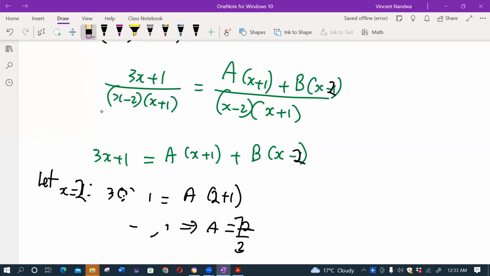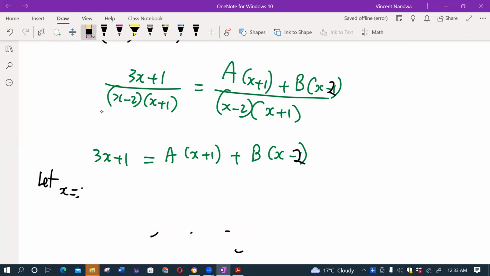So you're saying that now our equation is 3x plus 1 equals a into x plus 1 plus b into x minus 2. So to eliminate b in that equation, we fix x to be positive 2, so that 2 minus 2 is 0, and then we'll not have a b term.